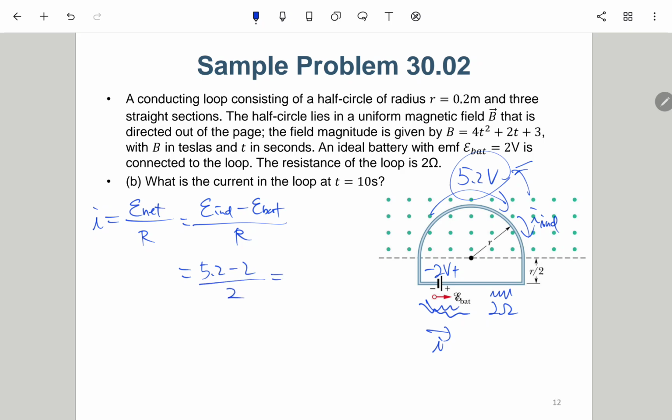So 3.2 over 2 is 1.6. So considering the direction of the EMF or the direction of the current should be done more carefully, especially if there is another independent battery there.